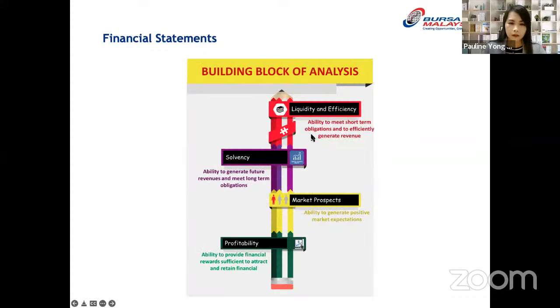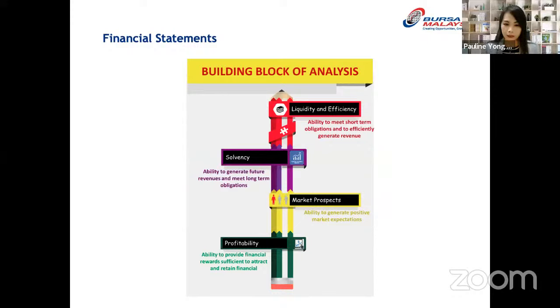Out of those three statements, we're going to look at the liquidity and efficiency of the company, see how liquid the company is, looking at the cash flow and how efficiently the company operates the business. And solvency. Solvency refers to the debt, how much debt they have, debt and equity.